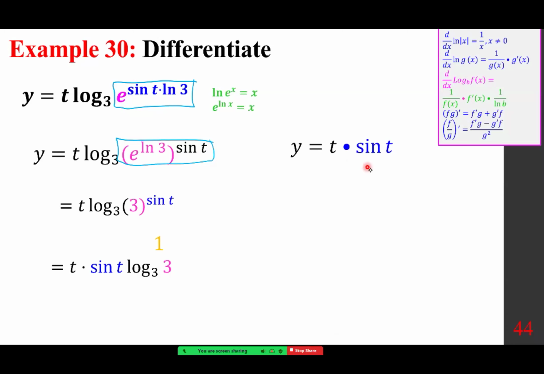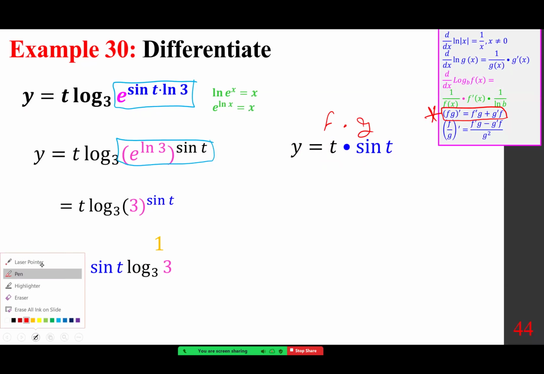So what did we have? This function. How did we simplify it? Through the process of logarithmic properties, we ended up with this. And now this requires the product rule. I'm going to call it f times g and use the product rule of differentiation.